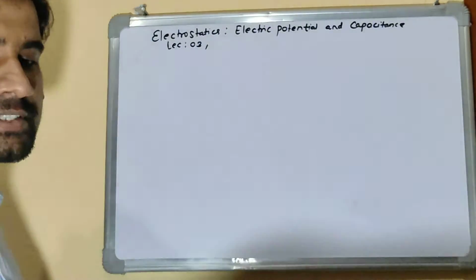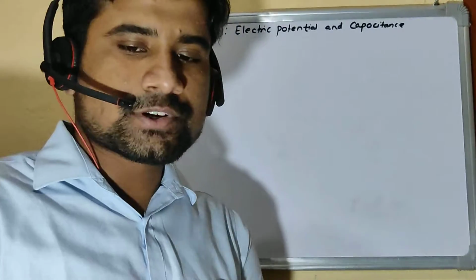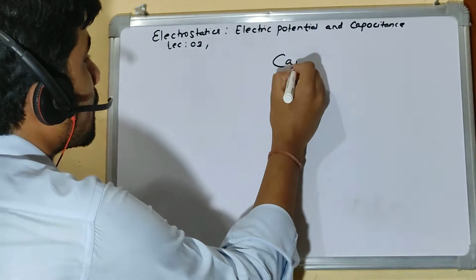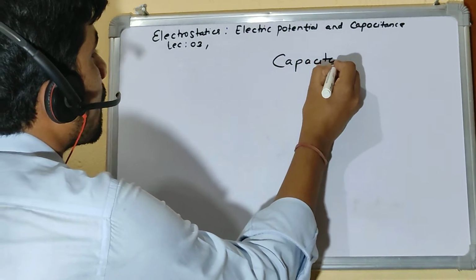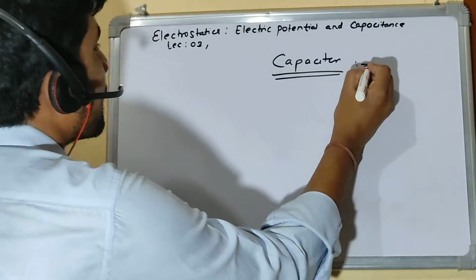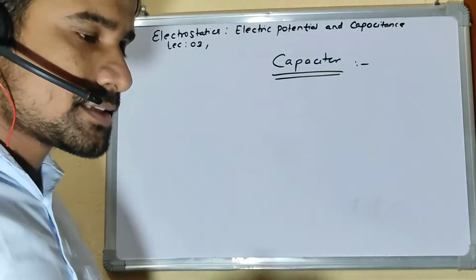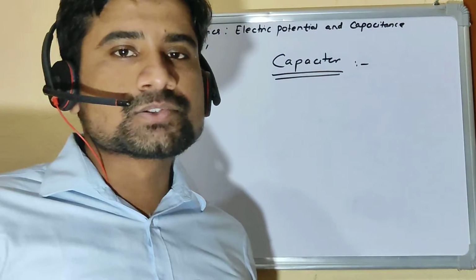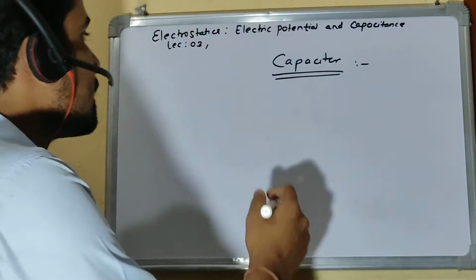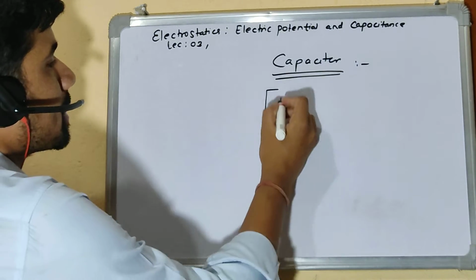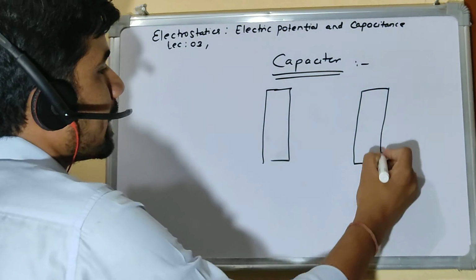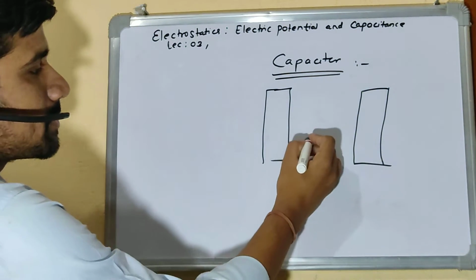So before dealing with what is capacitance, let's understand what is a capacitor. A capacitor is basically a system of conductors separated by some insulator. So let's say this is a conductor, this can be a conductor, and these two are separated by some insulator in between.